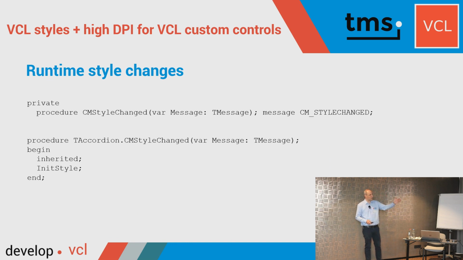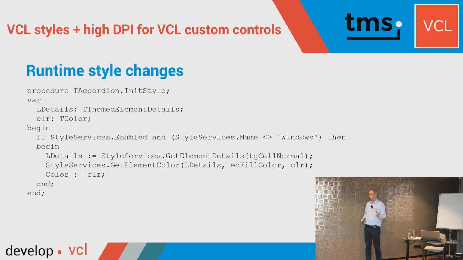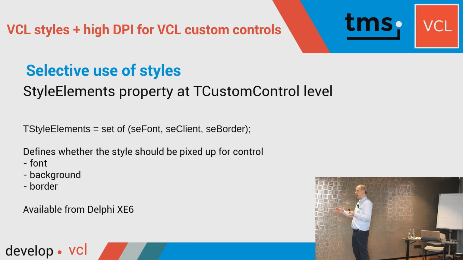So here we update, for example, a color property of a control when the style has been changed at application level. The final thing is something extra introduced in Delphi XE6. Normally you would expect that if I've chosen a VCL style, I want all controls to be consistently drawn with that style.